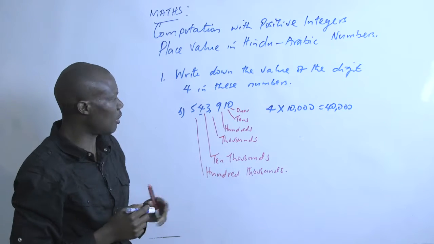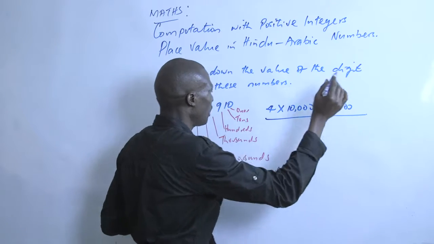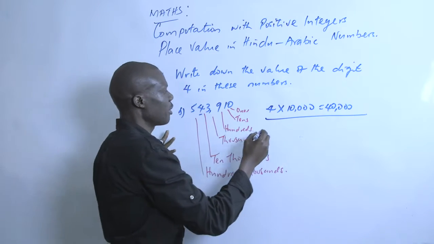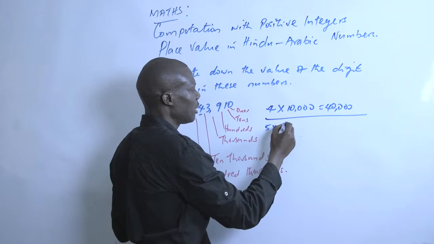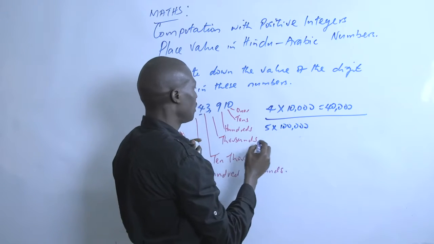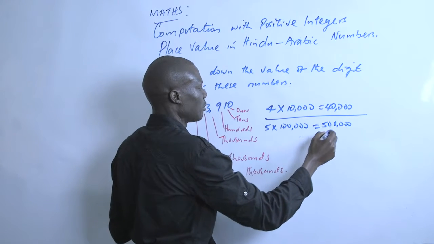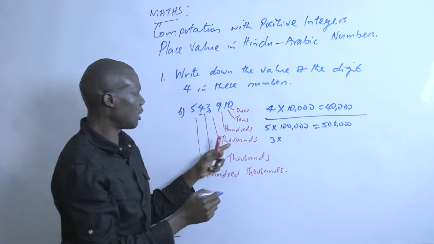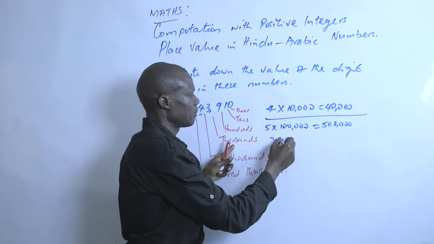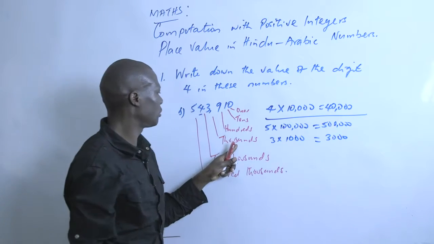However, for other digits, for 5, it would be 5 times 100,000, which gives us 500,000. For 3, it would be 3 times 1,000, which gives us 3,000.